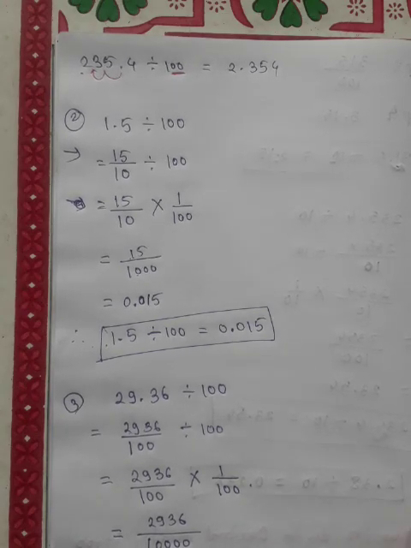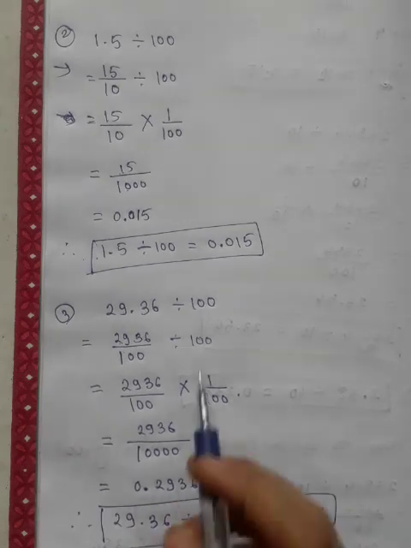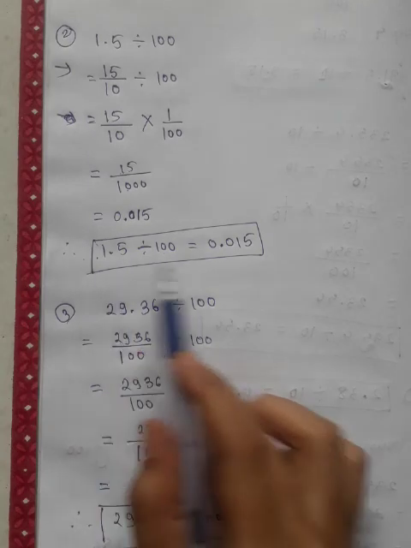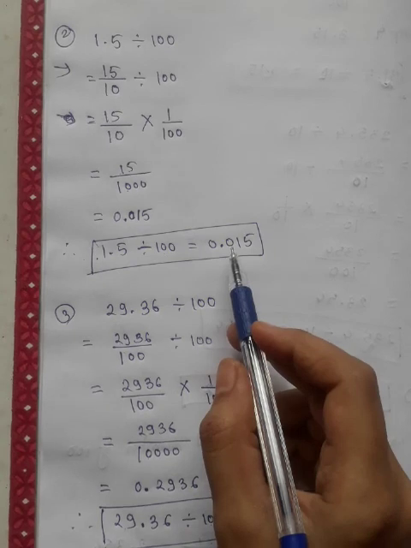Okay, so we get one more rule. Whenever there are two zeros, the decimal point moves towards the left by 2 digits. See, there are two zeros, the decimal point moves towards the left by 2 places, 1 2. So here we get the point before 2. Okay, if there is no digit, then write 0.